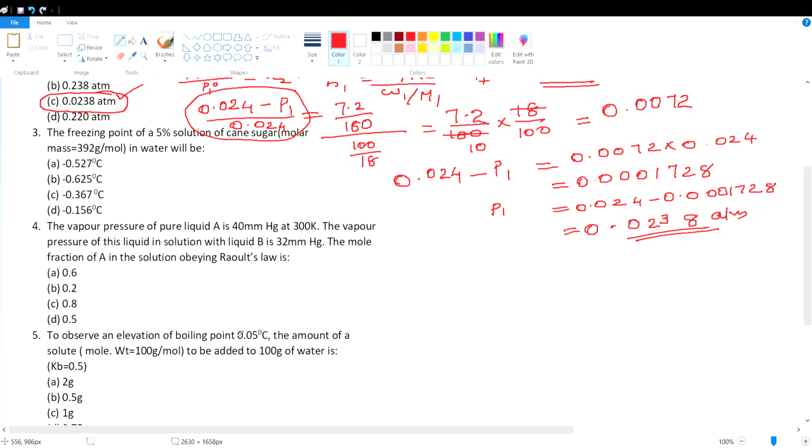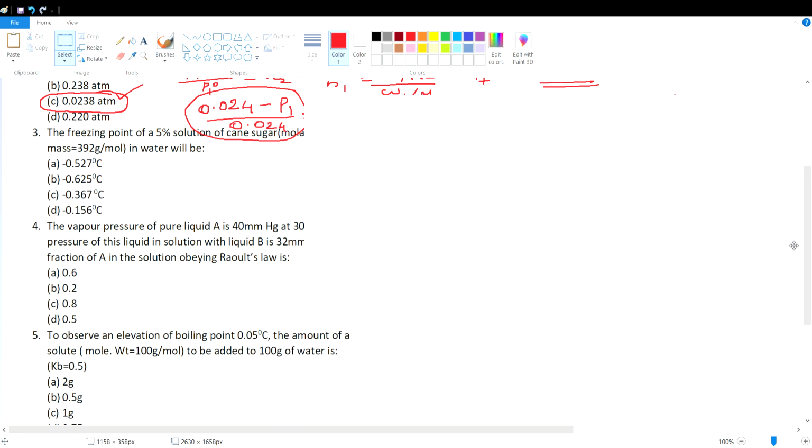Now the question number 3. Question number 3, you need to determine freezing point of 5% solution of cane sugar. Molar mass. Here there is a mistake in the question.